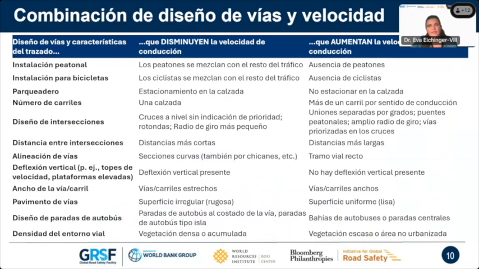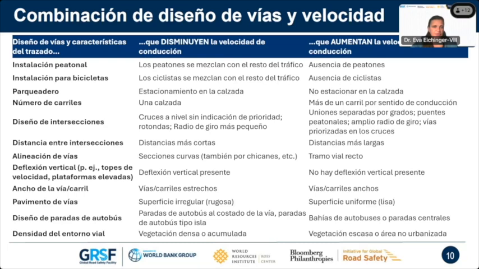Next slide, please. There is a number of things that you can do that actually influence the speeds of road users. I have made a table here that you can have a look at, because you can match road design and speed by choosing road design and layout characteristics that either decrease or increase speed. And there is a couple of things that you can do here that are summarized on the slide.